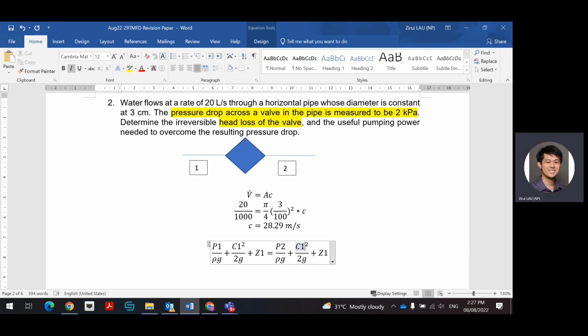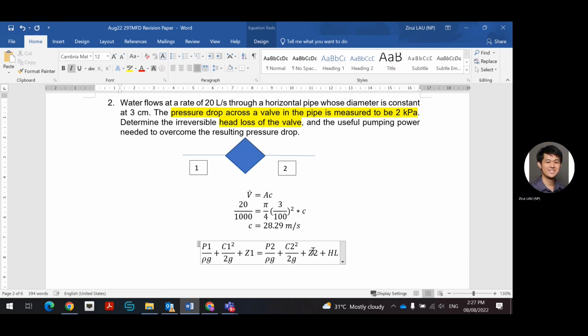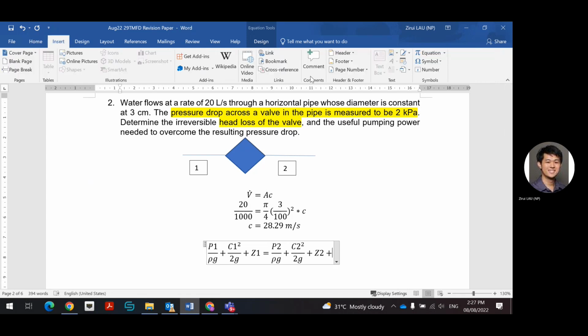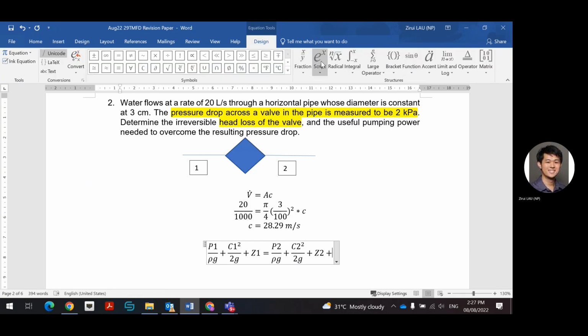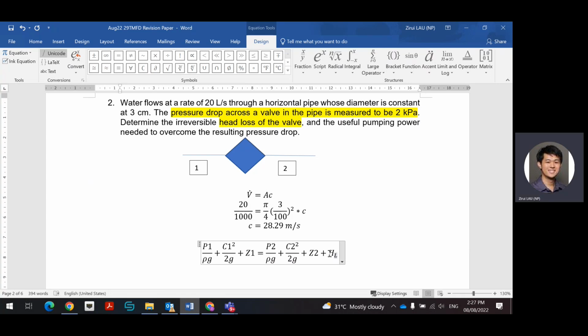So with that, the next step will be to apply my Bernoulli equation. So the Bernoulli equation will look like this, of course, standard.